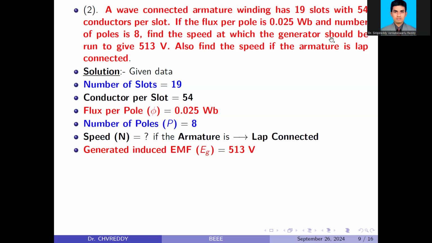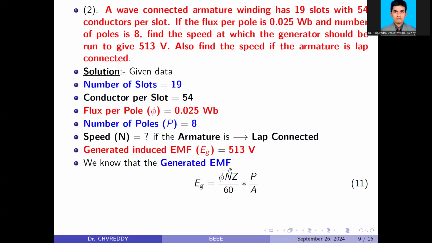The next one, they are given the generated EMF, that is Eg equal to 513 volts. We know that the generated EMF is equal to phi N Z by 60 into P by A. Now from this equation, N equal to Eg into 60 into A divided by phi Z P. Why?